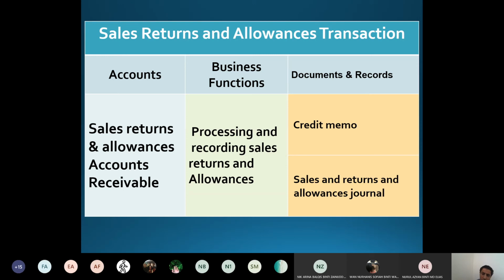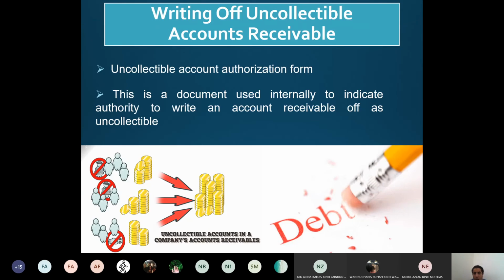It should be mentioned in the credit memo, along with the reason for returning and the settlement. In that case, we need to create a record in the sales returns and allowances journal, so we need to update the sales returns and allowances journal.